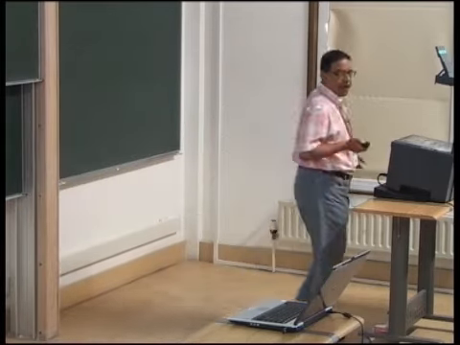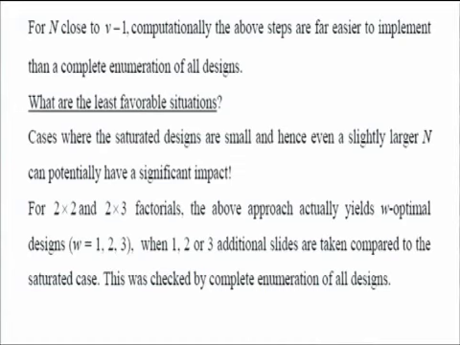From that perspective, the least favorable situations for this augmentation procedure are the 2 by 2 and 2 by 3 factorials, and there we checked that if 1, 2 or 3 additional slides are taken, then the heuristic method actually gives us the optimal design.